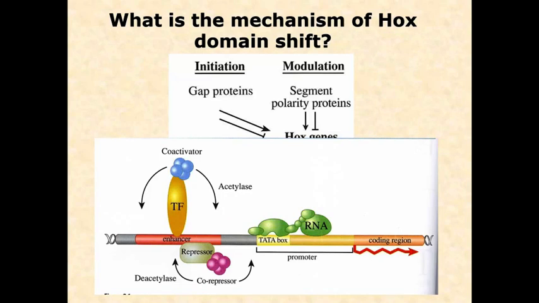Now remember, in the early stages of development, we're talking transcription factor 1, which then has an impact and turns on transcription factor 2, and so forth. So these are all transcription factors early on. If we wanted to change where a gene was expressed, we could either change the transcription factor that is targeting that gene, or we could change this regulatory element so it's no longer able to bind the things that were turning it on before.